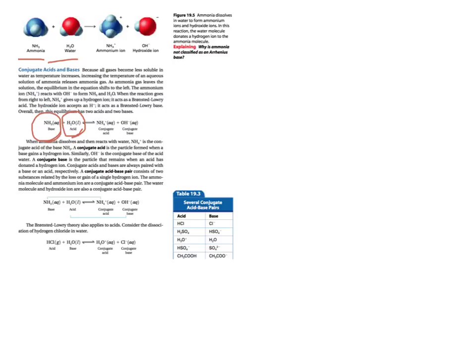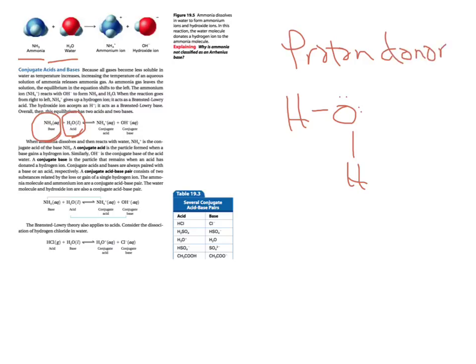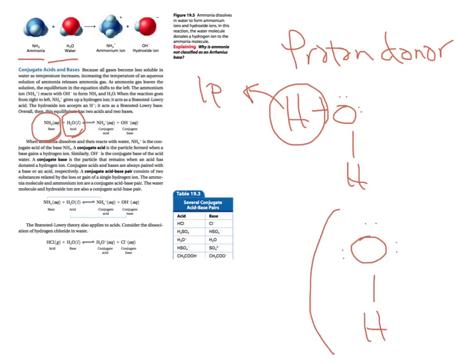Well, if you guys remember with respect to water, this is the Lewis structure for the water, and I've got my unshared electron pairs. An acid, if you remember, is a proton donor or hydrogen ion producer. One of these hydrogens, actually one of the protons from that particular hydrogen, since there's only one proton, when that leaves, what you're left with is this OH polyatomic ion with the minus, which is my hydroxide ion.